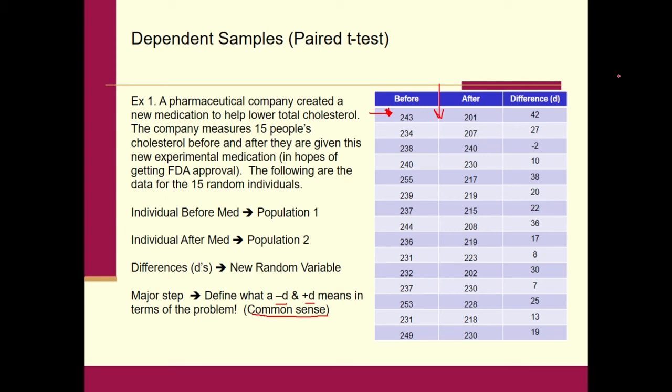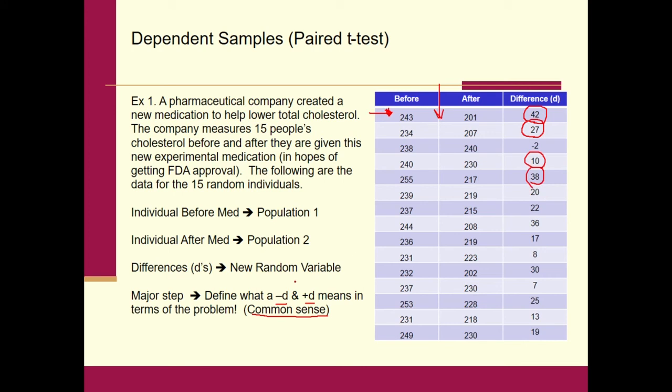Yes. So a positive D means what? That the cholesterol lowered and that the pill was effective for that person. So every time you see a positive number, the pill was effective for that person. All right, so on and so forth.